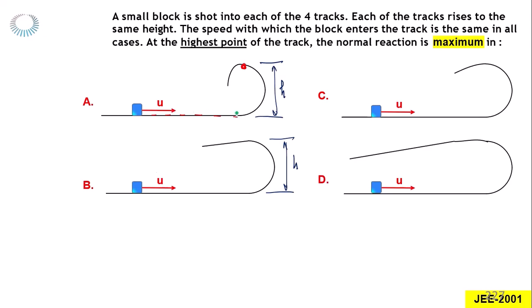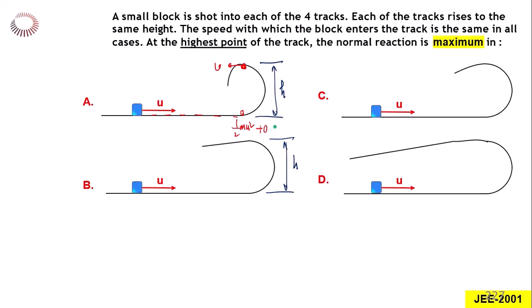So if I project the particle with a velocity of u at this point, now let us say here the velocity is v. So I can calculate the velocity at this point, provided I apply energy conservation between these two points. The kinetic energy over here is half mu square, potential is 0.